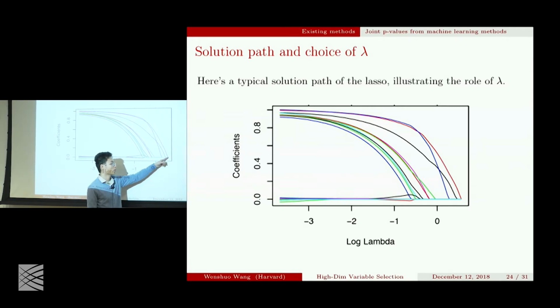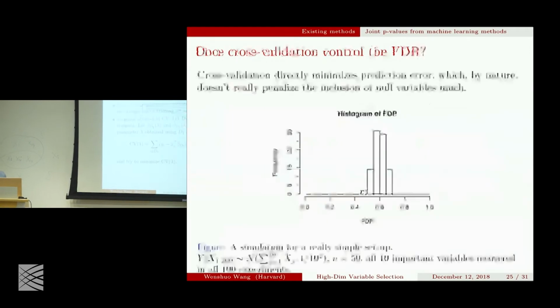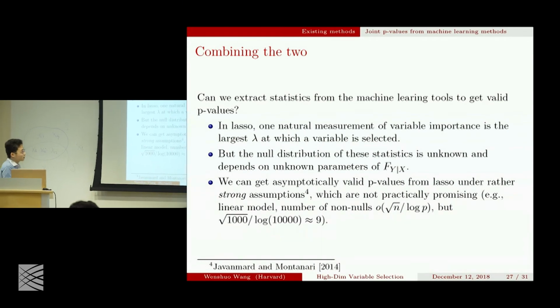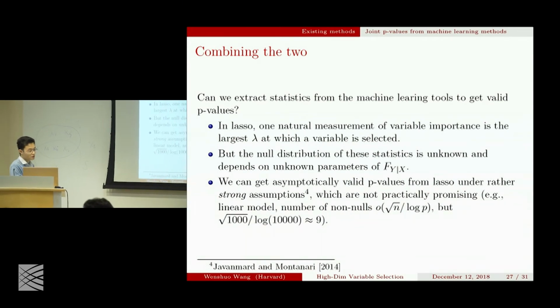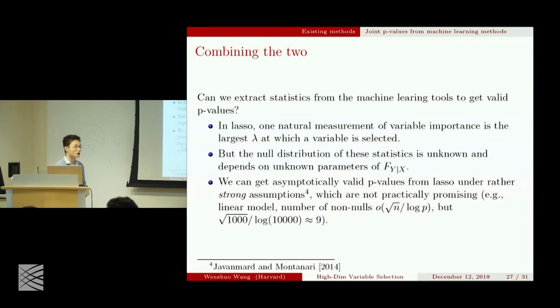So we can say this variable is more important than that, and we can just use this value to evaluate how important that variable is. However, we cannot derive the null distribution of these statistics because it's unknown and it depends on the actual distribution of y given x. So usually we cannot just directly translate them into p-values.